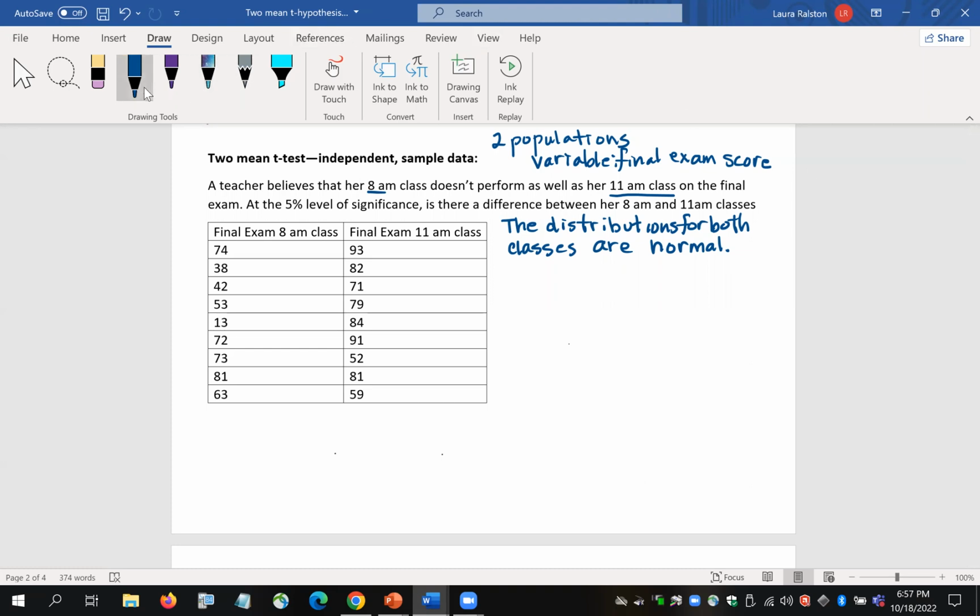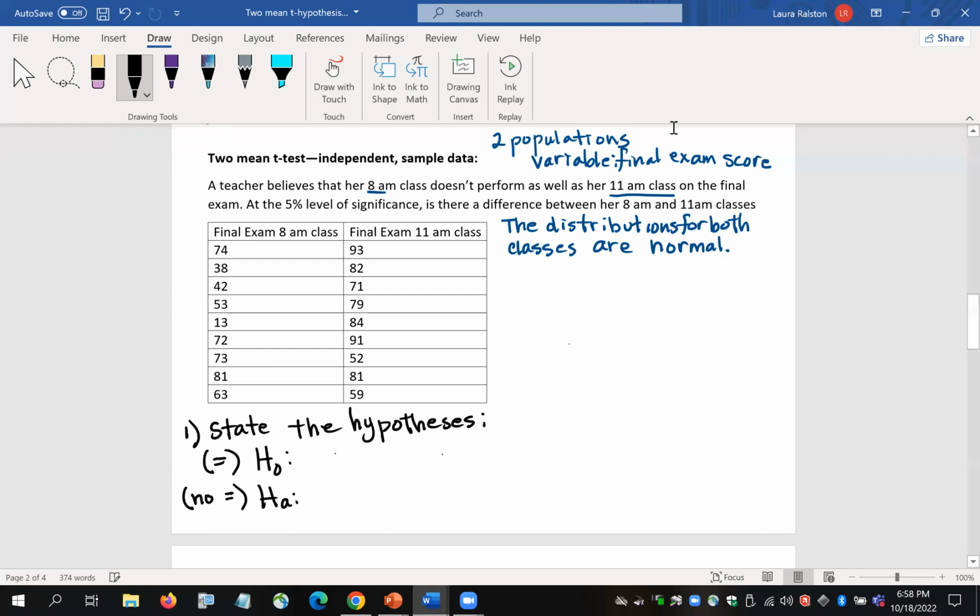So again, we're doing a hypothesis test, guys. The first step in any hypothesis test is to state the hypotheses. Okay, so you have the null hypothesis, which must always contain equal. And you have the alternative, which does not contain equal.